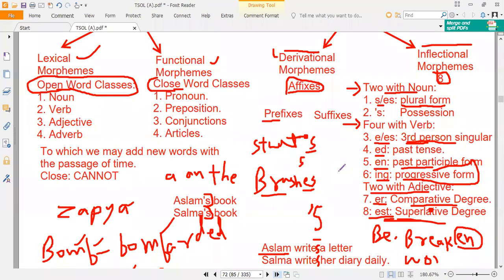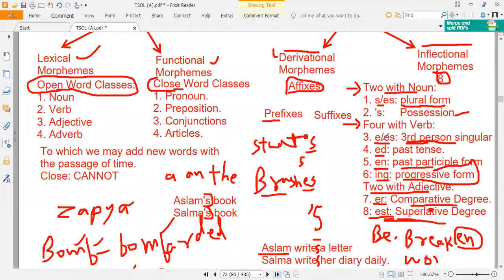Two of them are added to nouns. The first of them is s or es. It is added to noun to indicate the plural form. Then apostrophe s is added to nouns to indicate possession. Then four of them are added to verbs.